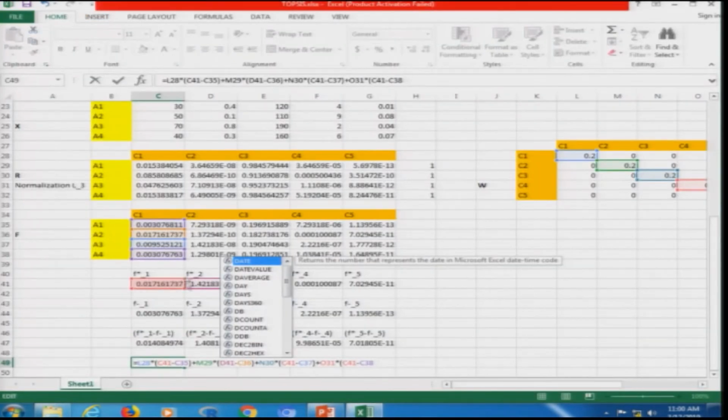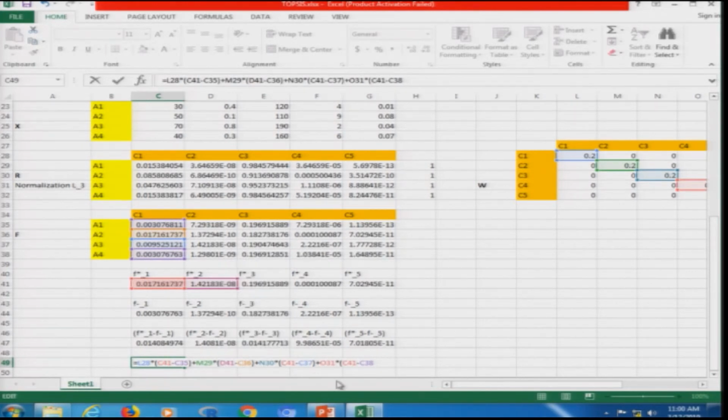So, it will be the second cell value. So, this will become E and this will become F.